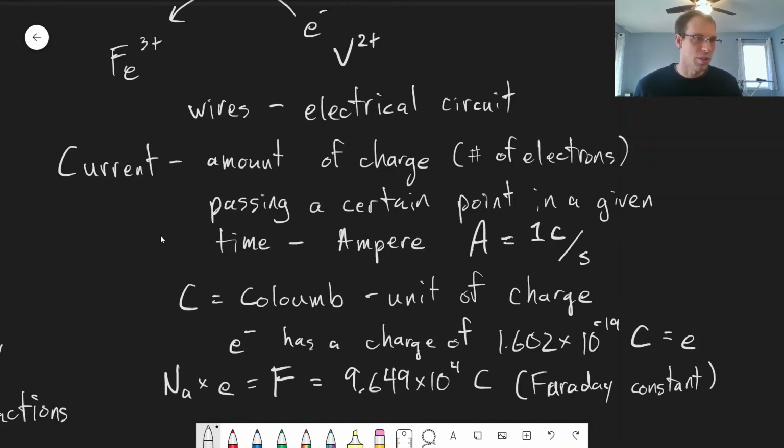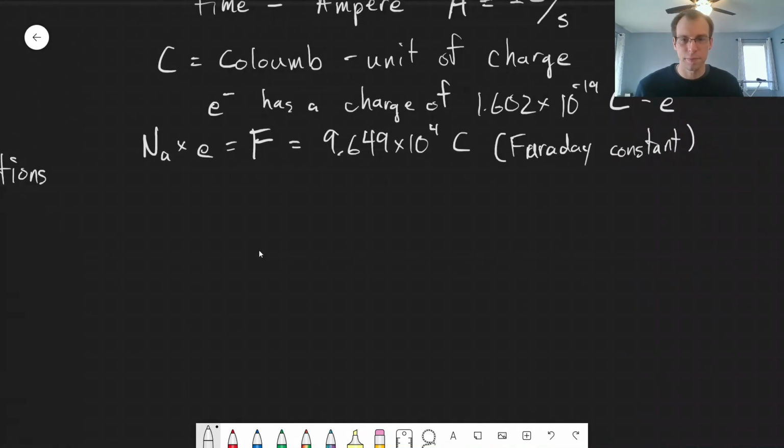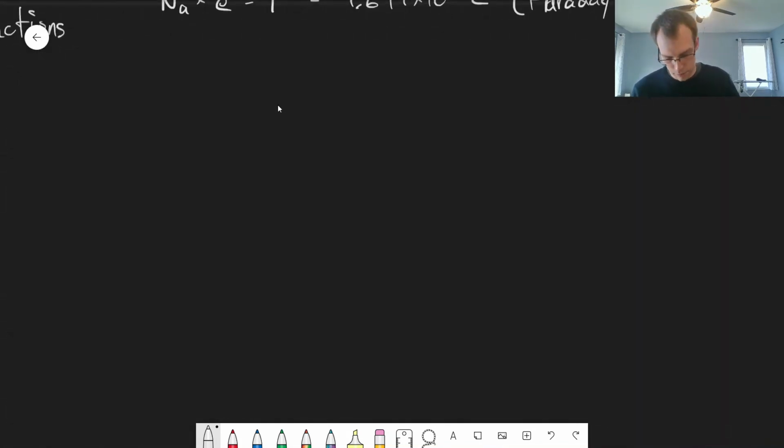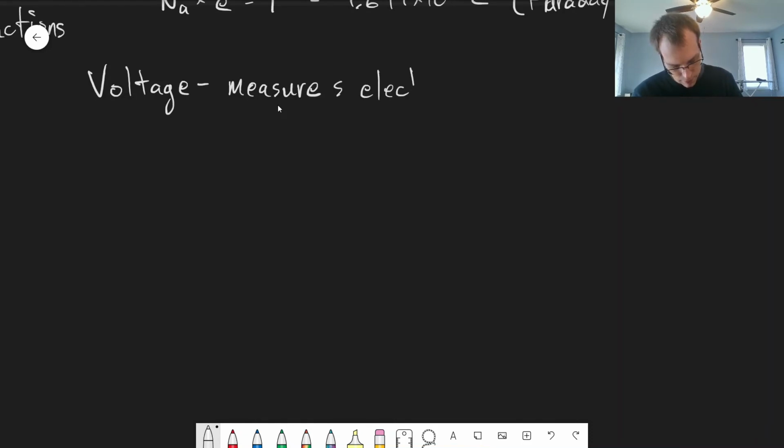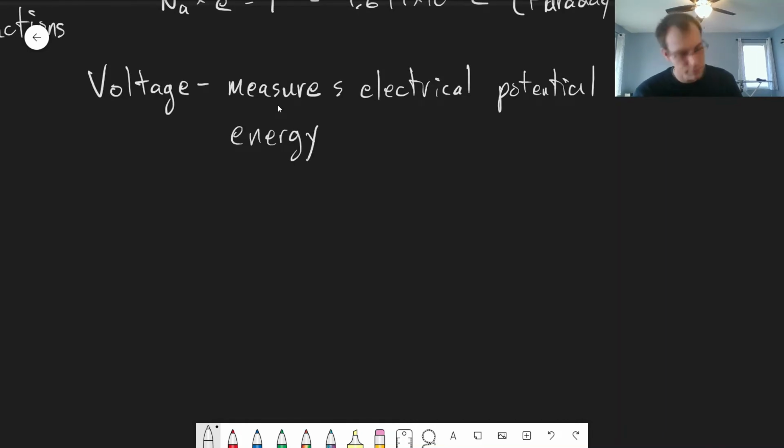The other thing we can measure is voltage. And voltage is a measurement of electrical potential energy. This comes from the fact that in the circuit we have charges pulling on each other.